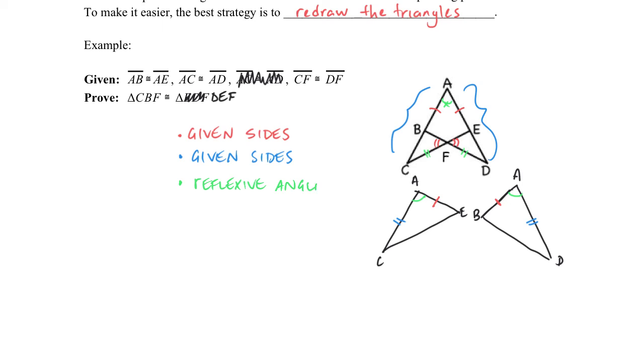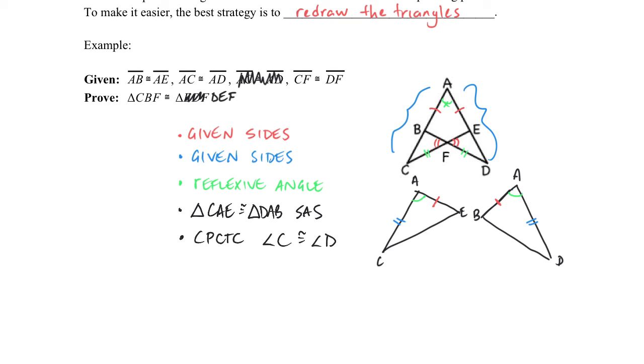That's going to be at angle A. So in one triangle, it's angle CAE, and in the other triangle, it's angle DAB. Those are the same angle. And what that will do is give me enough to prove that triangle CAE is congruent to triangle DAB by side angle side, and then by CPCTC, I can get angle C congruent to angle D. Of course, I'll use three-letter names when I'm in the proof, but this is just a plan.